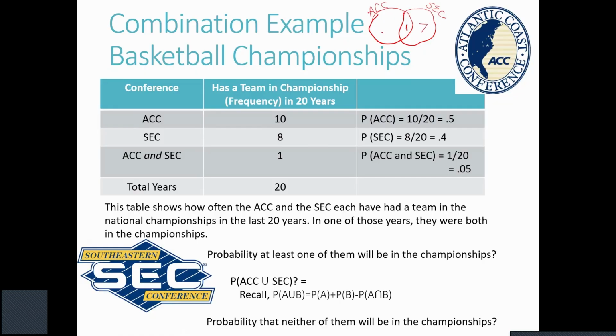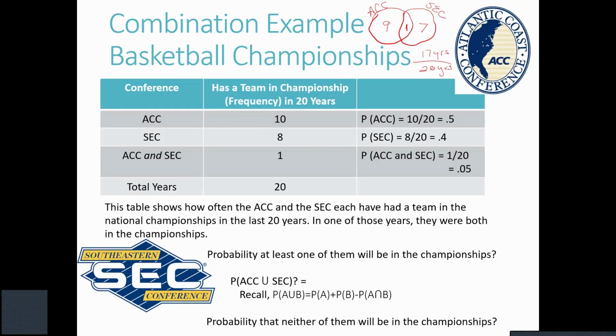And the ACC was in there 10 years, but one of those years was with the SEC, so there are 9. And now you can see that the total ACC is 9 years plus 1 year equals 10. And the total SEC is 7 years plus 1 year equals 8. Okay, so 9, 7, and 1 accounts for 17 years out of 20 total. All right.